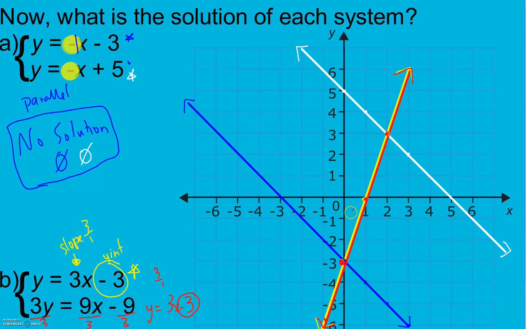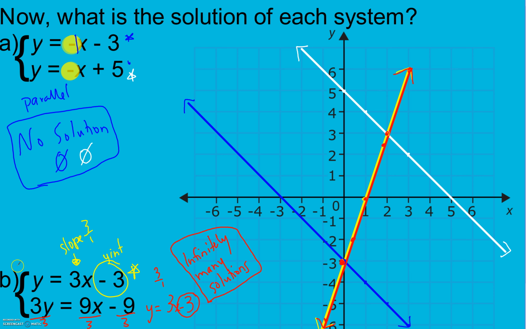This could be a solution. This could be a solution. Right here could be a solution. Even though it's not an easy thing to pick out, it could still be a solution. So we're going to say infinitely many solutions. That doesn't mean all solutions. If we pick an ordered pair that's not on that line, it's still not a solution.